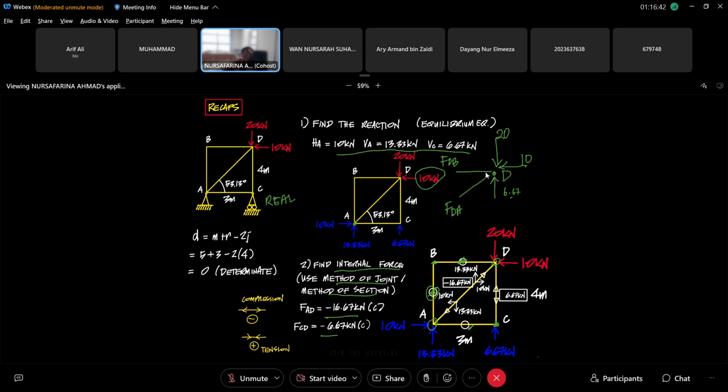I know you will use, if it's method of joint, summation force X, summation force Y. I know you will draw. But for this one I just do, this is going up because I know 20, 6.67, to balance it must be positive. Okay, because this must be equal to 0.